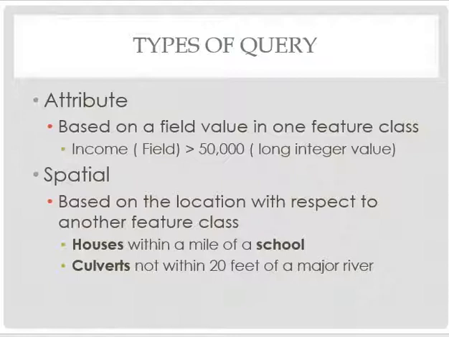If I want to look at the relationship between two different feature classes or three different feature classes, I can do a spatial query. So for example, if I have a house feature class and I have a school feature class and I'm a realtor, and my client wants to only look at houses that are within a mile of a school, I can use a spatial query for that.